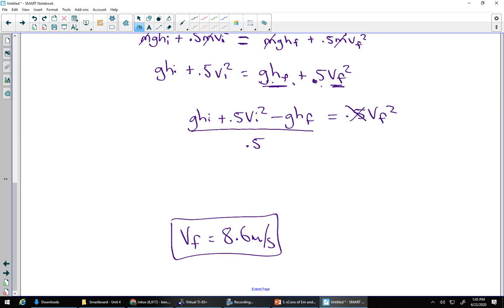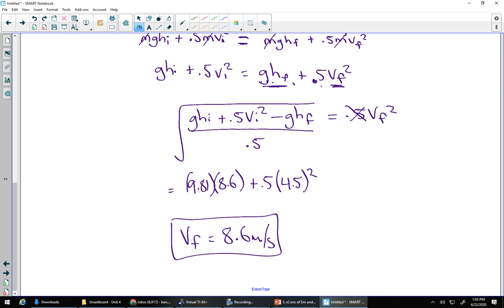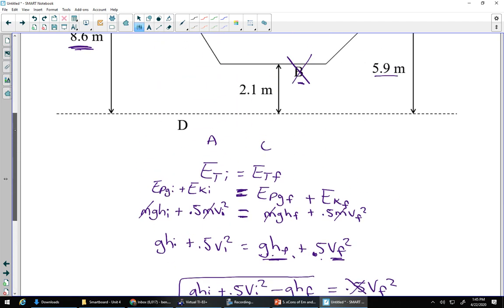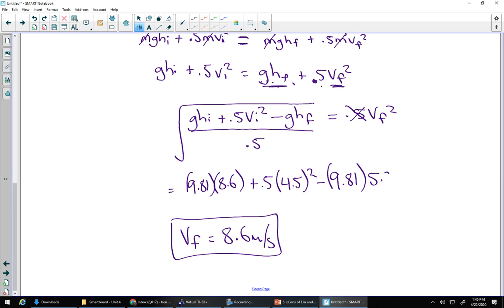So it's going to get rid of my 0.5. I need to get rid of the square, so the last thing I do is take the square root of the entire huge thing, and then I can go through and plug in numbers. Plug in numbers, so 9.81 times whatever that initial height was, 8.6, plus 0.5 times 4.5 squared minus 9.81 times 5.9.